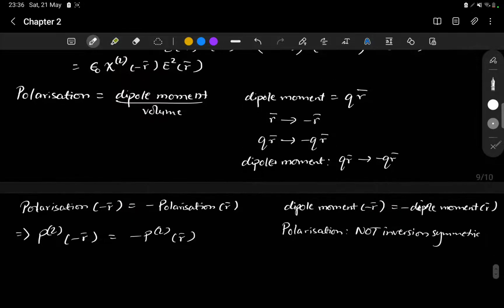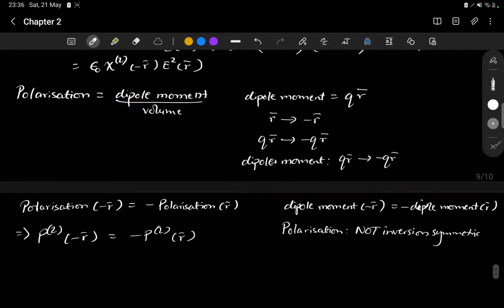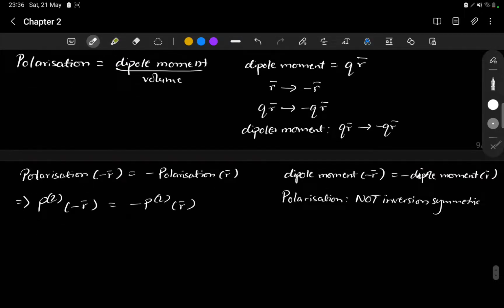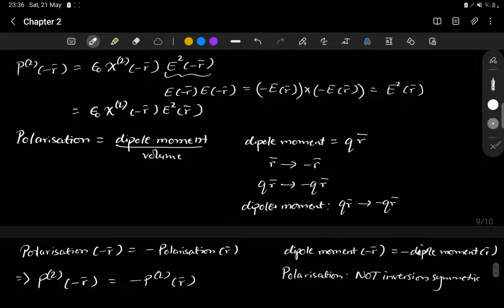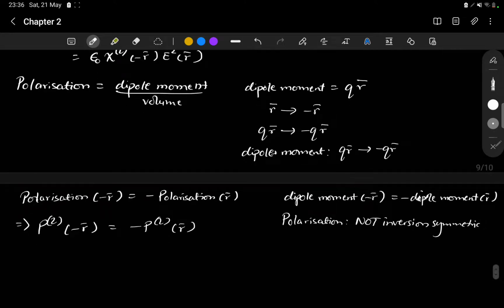Now let us use this to solve the problem. We had over here found out the expression for P2 at minus R. So let us write it down. Once again, P2 at minus R is the following.